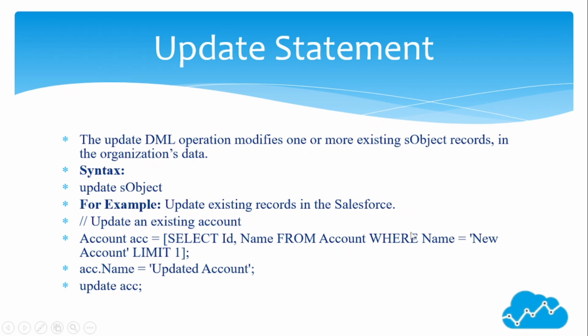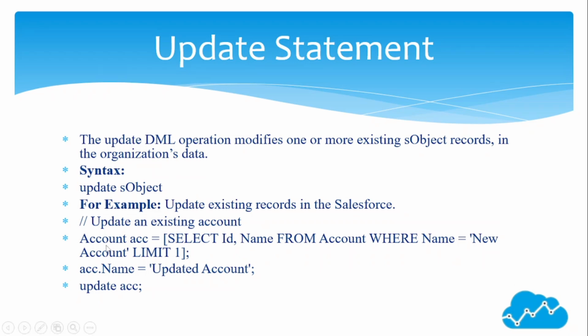Update statement. The update DML operation modifies one or more existing sObject records in the organization's data. Syntax: update sObject. For example, update existing records in Salesforce. It means if there is an existing record in the Salesforce database, we can update that particular record.